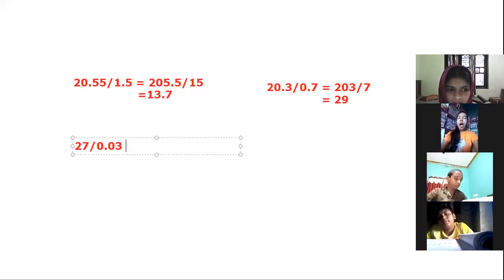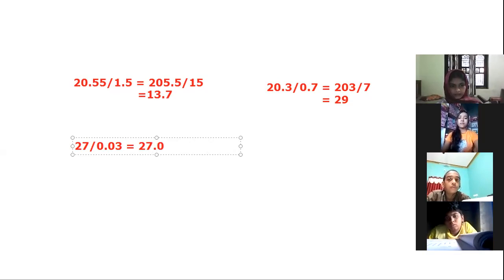How many digits are there after the decimal point in the numerator? No, there is no decimal point in the numerator. We can write it as 27.0, it is the same as 27.0.